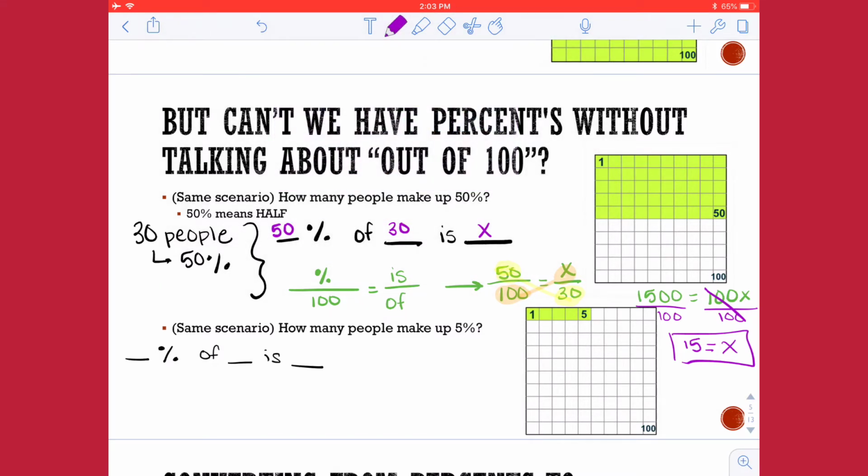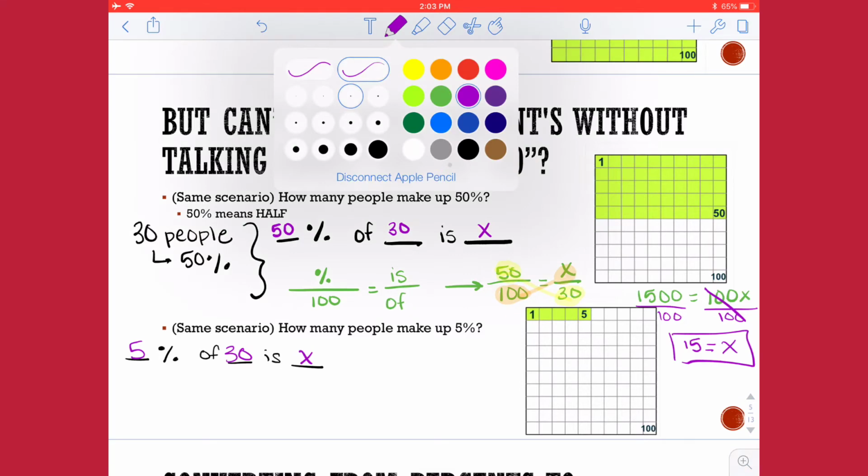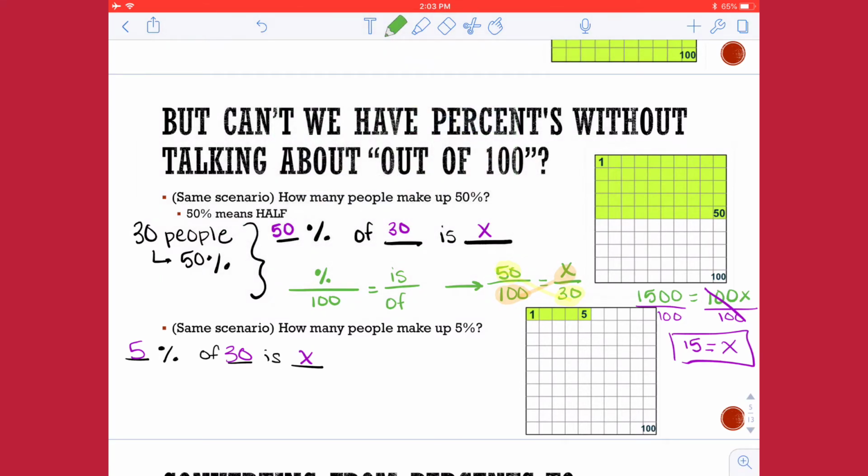So I am looking for 5% of how many total people, 30, is what? That's what I'm looking for. And so I'm going to go ahead and fill that into my fraction. I'm dealing with 5% over 100, so 5 out of 100 is equal to how many over the total amount, which is 30. So again, I'm going to go and cross multiply.